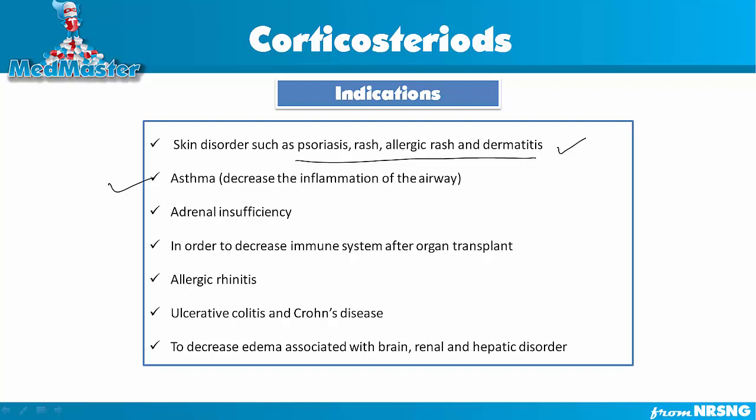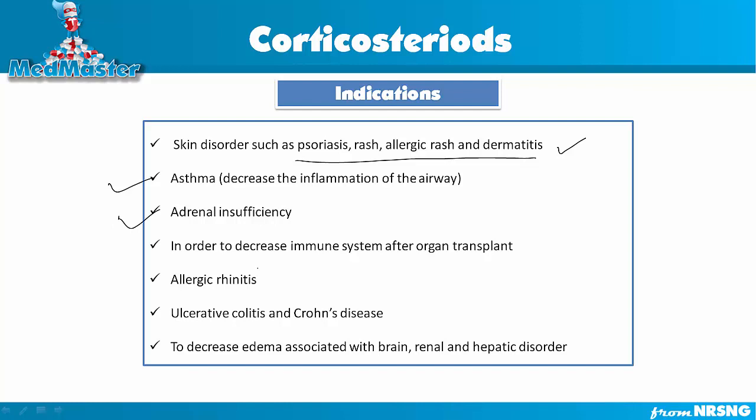If a patient has adrenal insufficiency, basically if their adrenal gland is not producing enough glucocorticoids and mineralocorticoids, then these drugs can be given as a supplement. So adrenal insufficiency, and also to decrease the immune system after organ transplant.